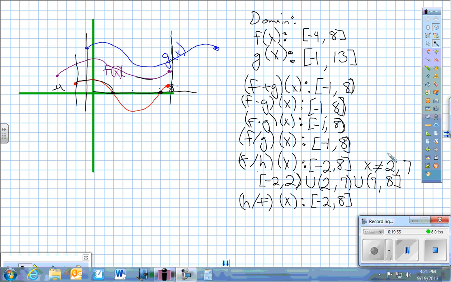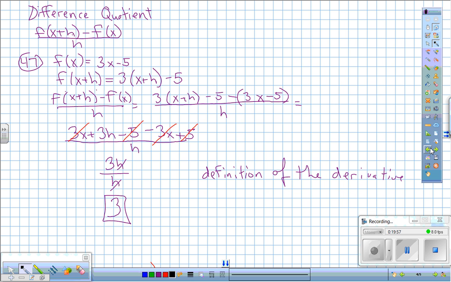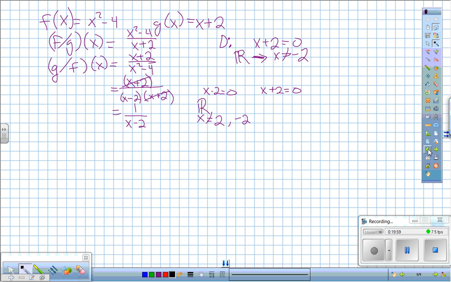Okay, I'm going to go back a little bit to this page. Something else that they might give you is just say f of f of x. What that means is multiply it by itself. Whoops, that would just be an x, probably. So what you're actually going to do is just write x squared minus 4 times x squared minus 4. Just write it as many times as it says to.